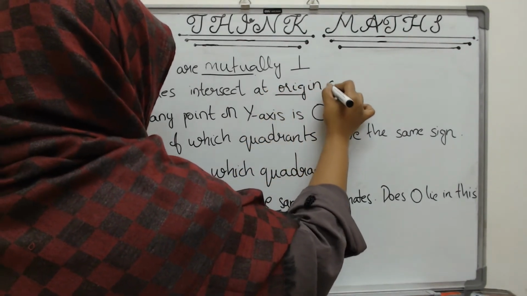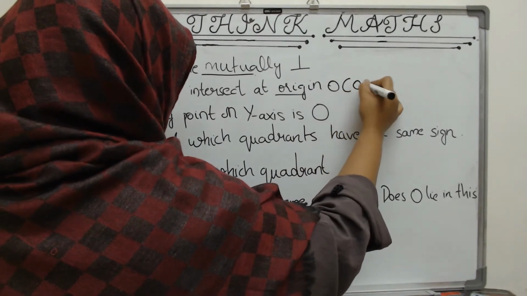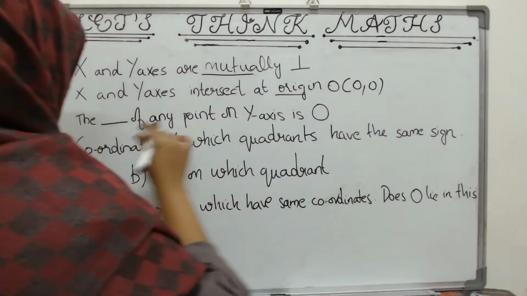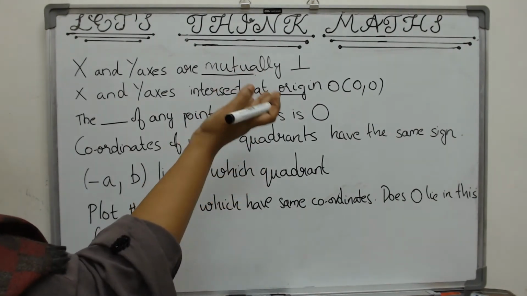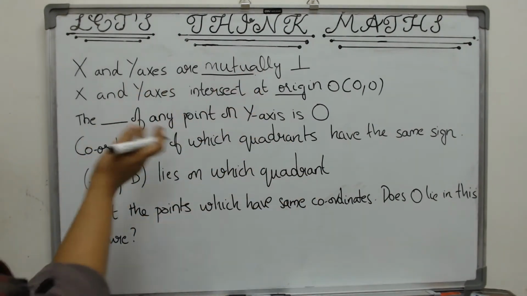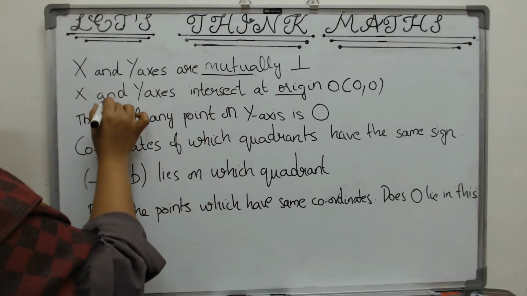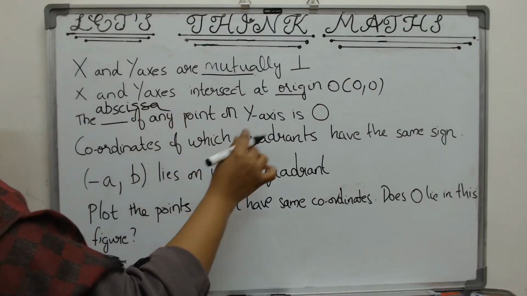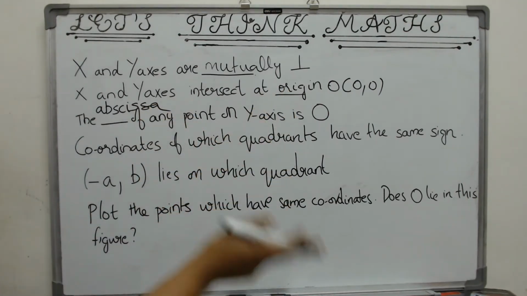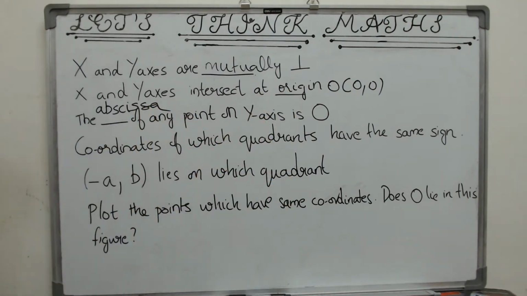And what are the coordinates of the origin? It is (0, 0). The abscissa of any point on the y-axis is 0. And the ordinate of any point on the x-axis will be 0.